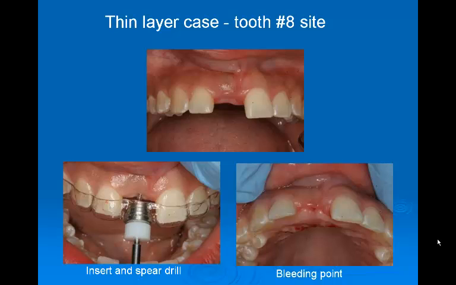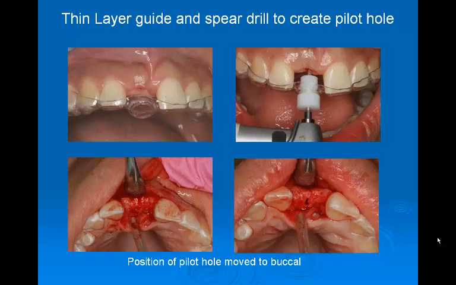The final case is an upper central incisor case in which the surgical plan placed the implant two-lingual. As in the previous cases, the tube guide was used to prepare a bleeding point, followed by a ThinLayer guide through which a pilot hole was created.